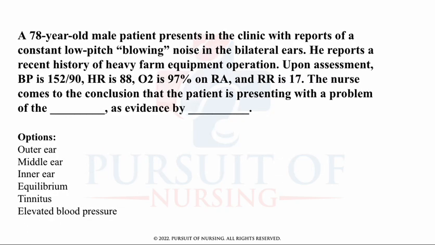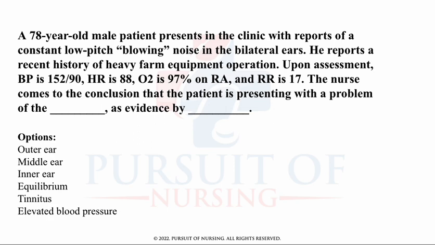All right, this is a drag and drop style question, and it is going to test your knowledge of physiological integrity. A 78-year-old male patient presents to the clinic with reports of a constant low-pitch blowing noise in the bilateral ears. He reports a recent history of heavy farm equipment operation. Upon assessment, BP is 152/90, heart rate is 88, O2 is 97% on room air, and respiration rate is 17.